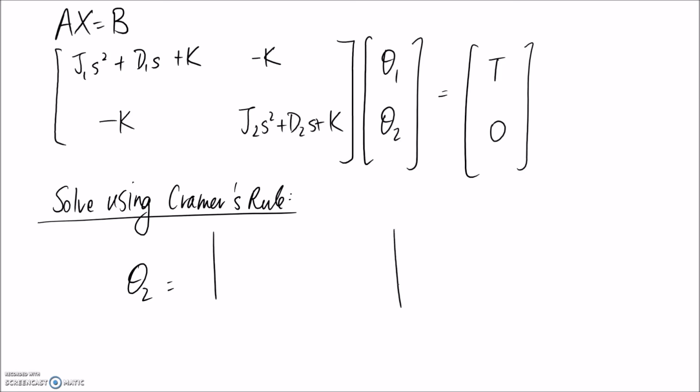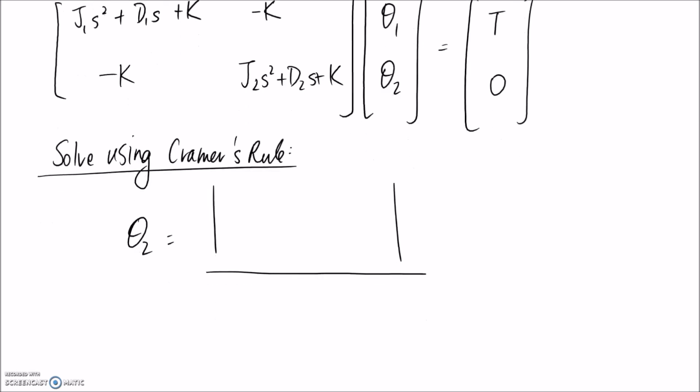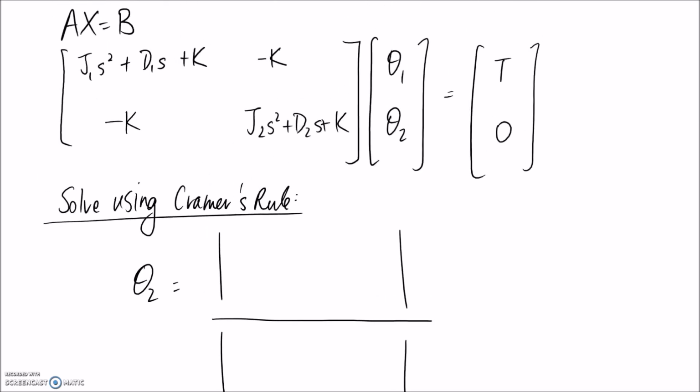On the top line of our equation, we're going to have 1, and on the bottom line, we have another 1. Since we're looking for theta 2, which is the second variable, we need to slot this matrix into the second column of our A matrix. That's the first column, that's the second column. If we were wanting to solve for theta 1, we would take this and put it in the first column of our A matrix.